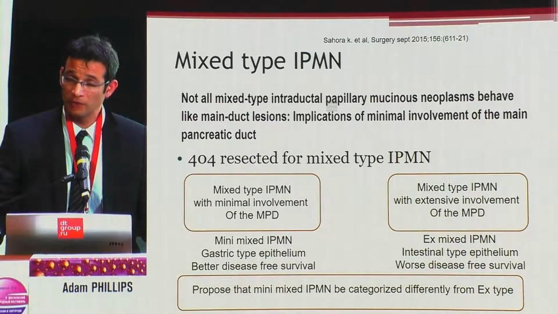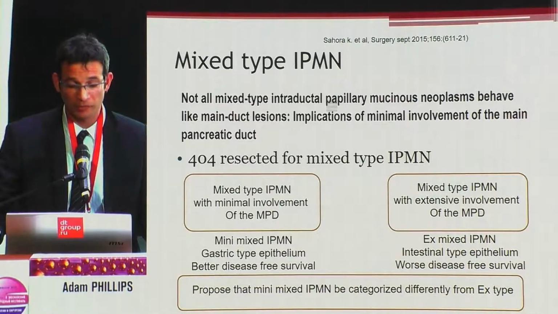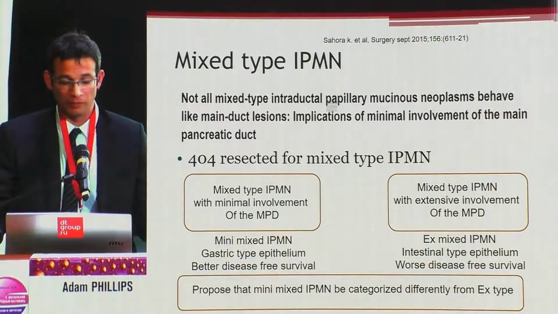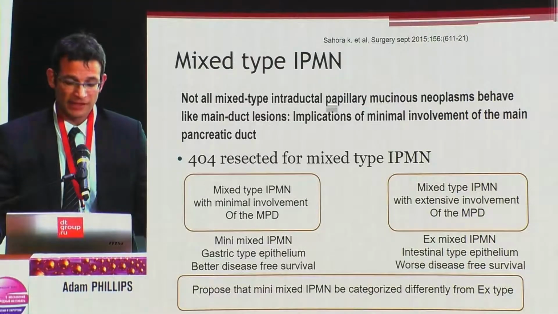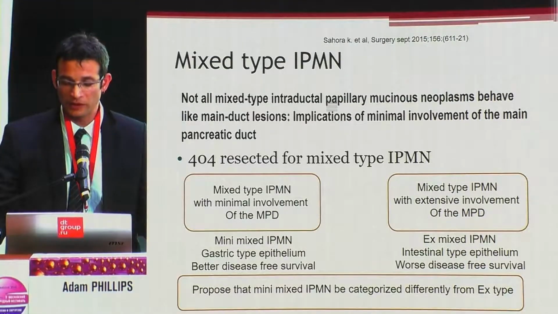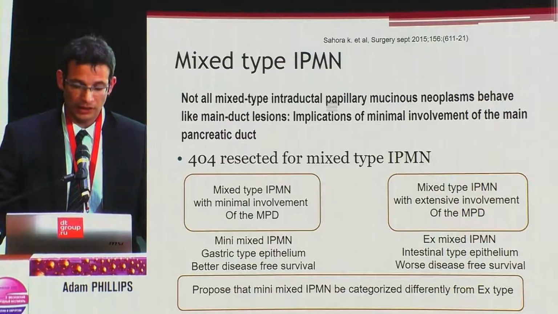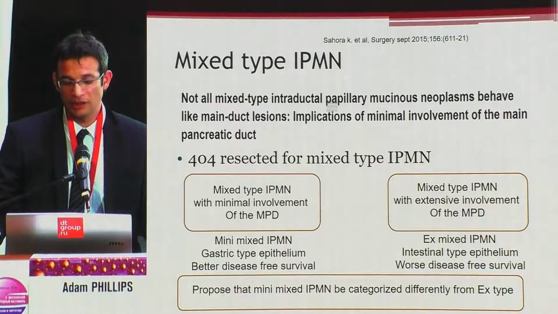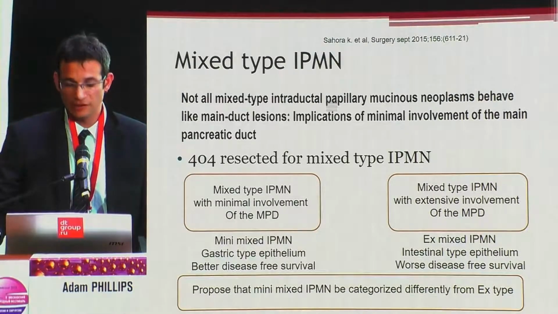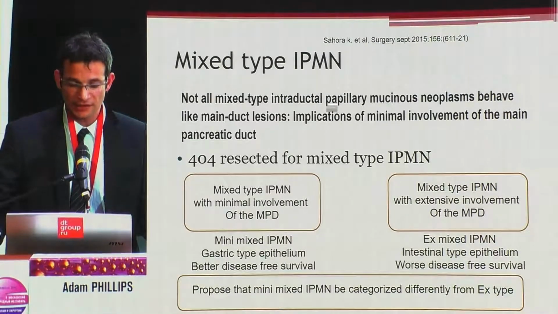There is a minimal type with more gastric type epithelium in the pathology, and there is a mixed type with extensive involvement with intestinal type epithelium, and these diseases are different. With minimal involvement, patients have better disease-free survival, and with extensive involvement, they have worse disease-free survival.